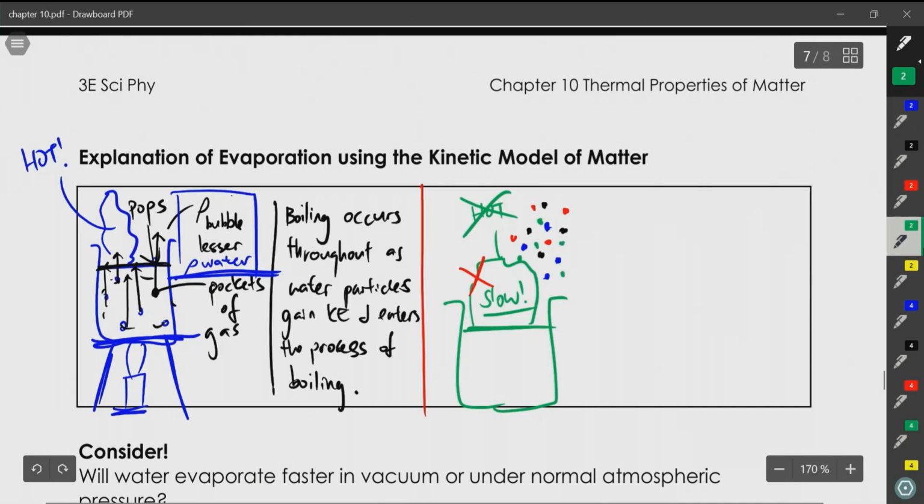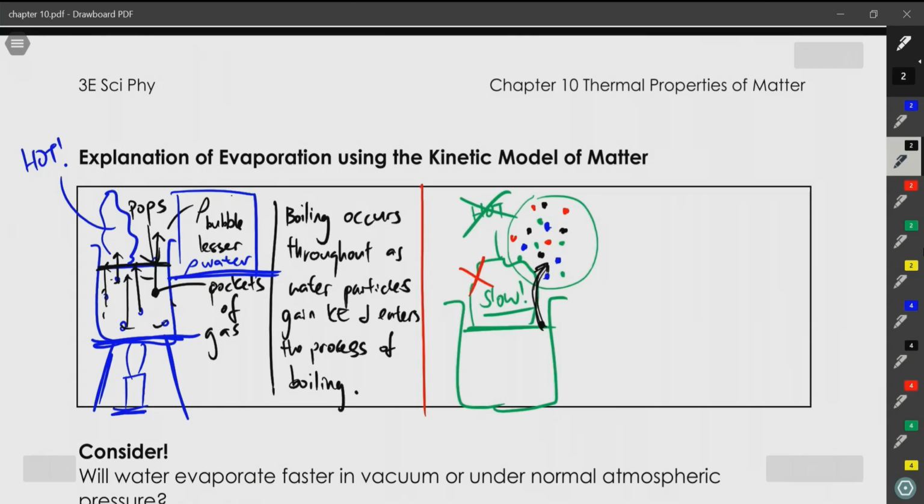So you have all these gases here. Now what's happening is that this liquid particle is ready to join the atmosphere. When it realizes that it has enough energy to escape into here, it will actually escape, and this causes evaporation to occur.